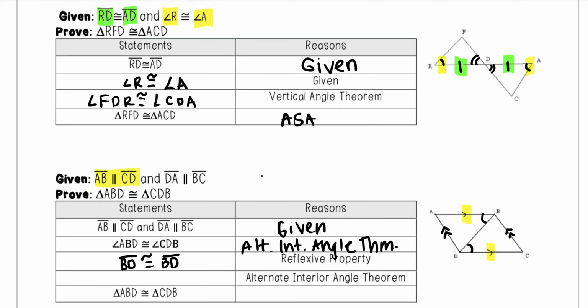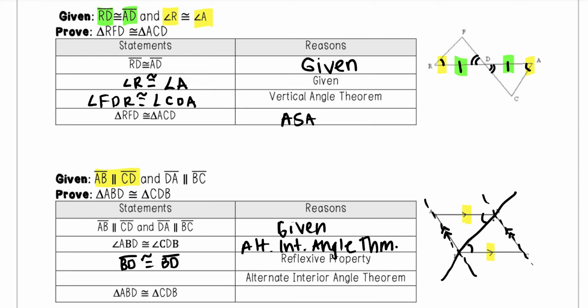Now again, in our next statement, it's blank, but the reason given to us is alternate interior angle theorem. Well, we already used those two alternate interior angles, and we want to look at our other set of parallel lines here. So AD was parallel to BC, and DB is still that transversal.